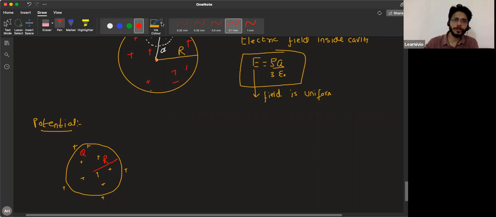So the potential due to this sphere, you can calculate at 3 points. You can calculate the potential at a point outside the sphere, at a point on the surface of the sphere, or at a point inside the sphere.